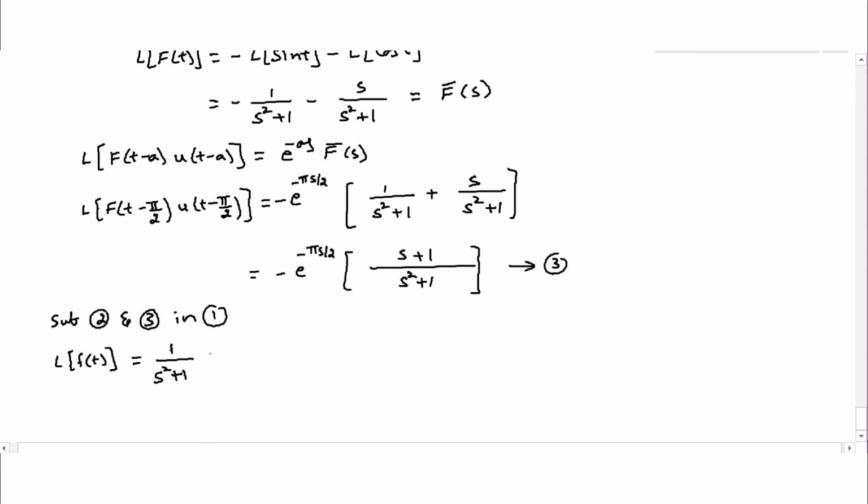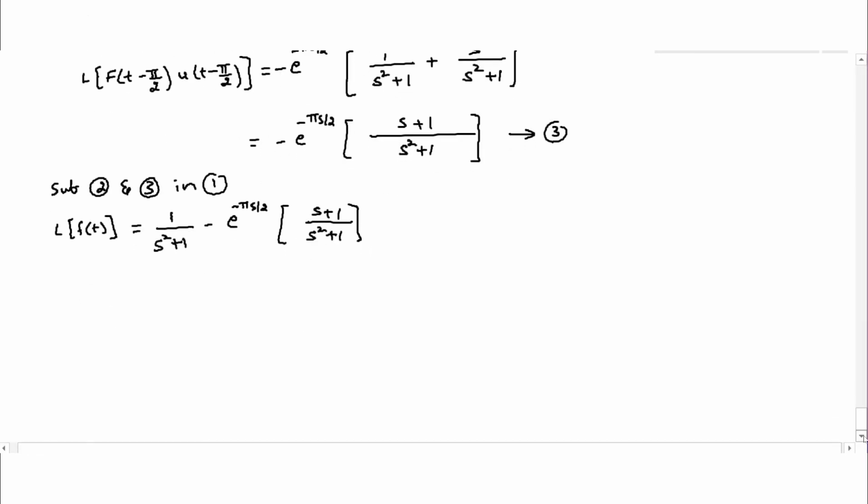The second term is your equation number 3, so it is minus e power of minus π s by 2 times (s plus 1) by s square plus 1.